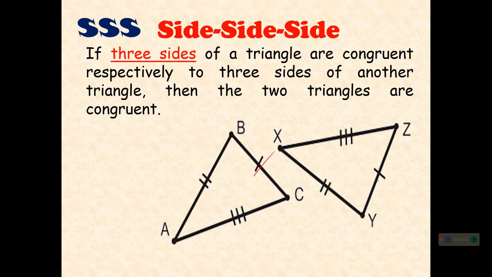This side AB is congruent to side XY, and then this side AC is congruent to side XZ. So that is the SSS or side side side congruence postulate.